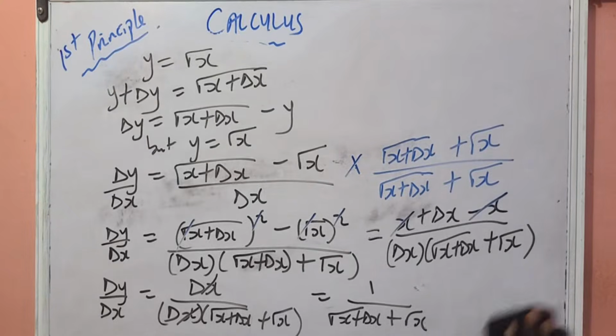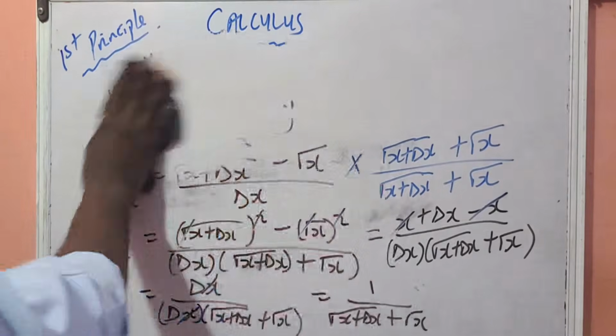So looking at what we have right here, I'm sure you know that the next step is for us to fill in the values for the change in x as 0 while taking the limit of both sides.